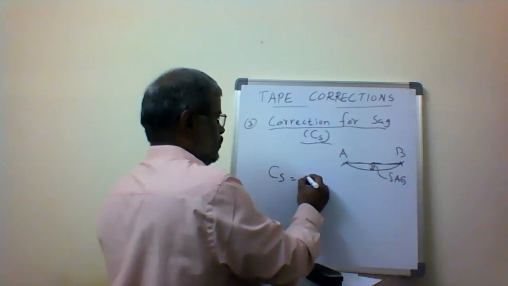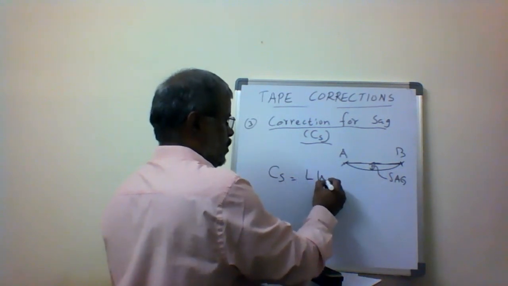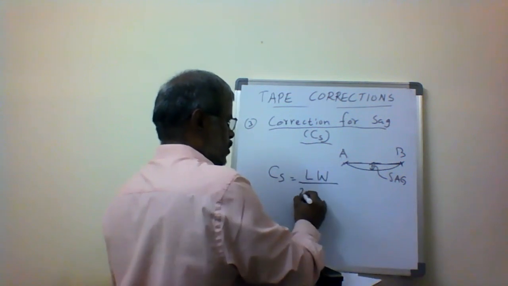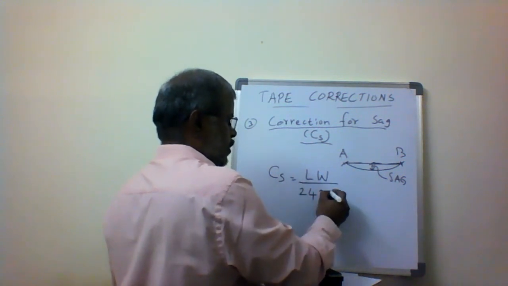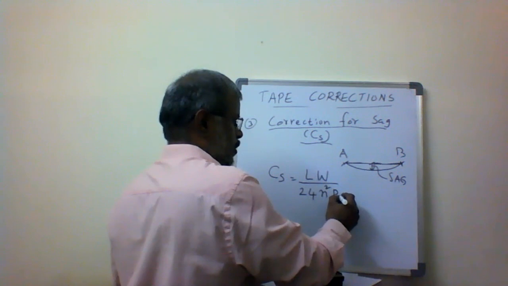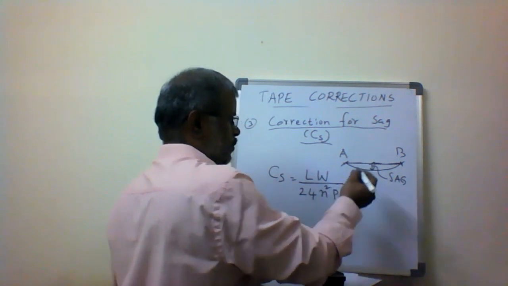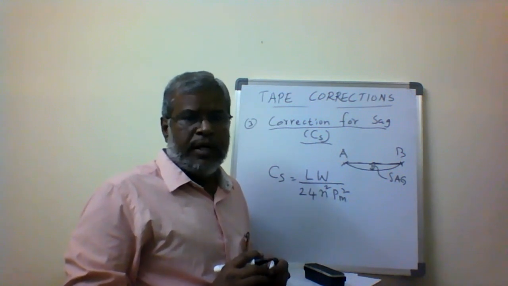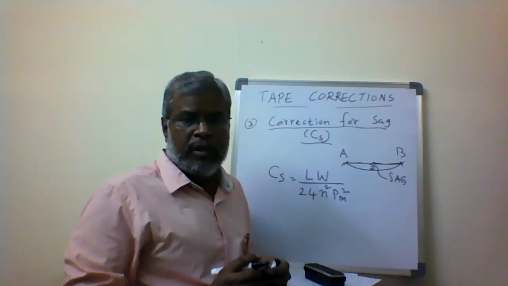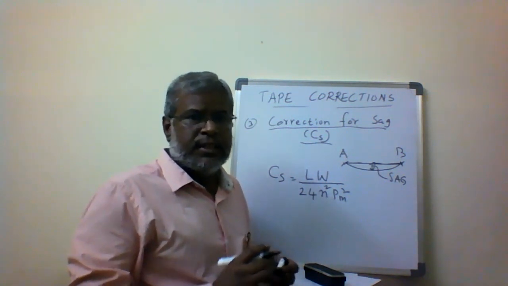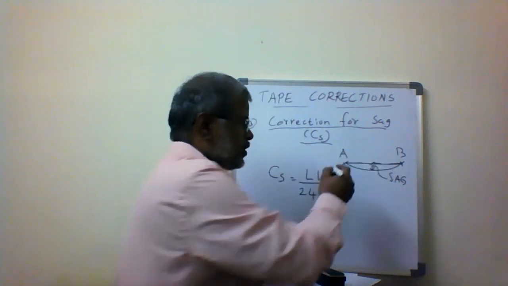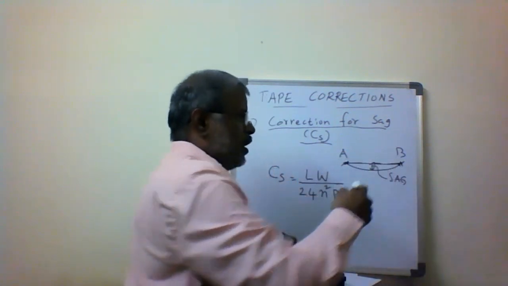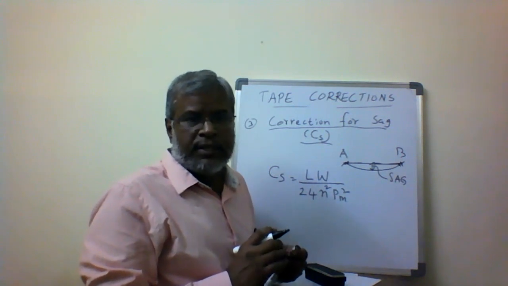CS equals L W square by 24 N square Pm square, where L is the length of the tape, W is the weight of the tape, and N is the number of spans we are using. A to B is 1 span and B to C is 1 span. That is the number of spans.